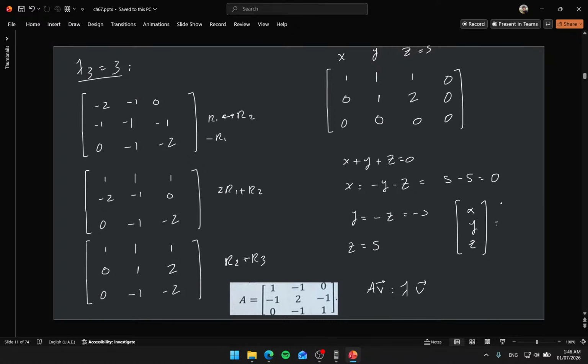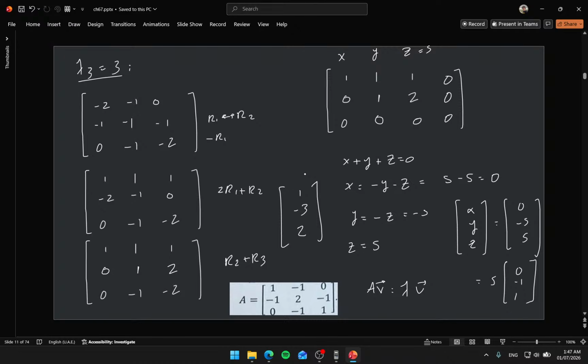But even so, it doesn't work. But let's see. Okay, so that's A times v.